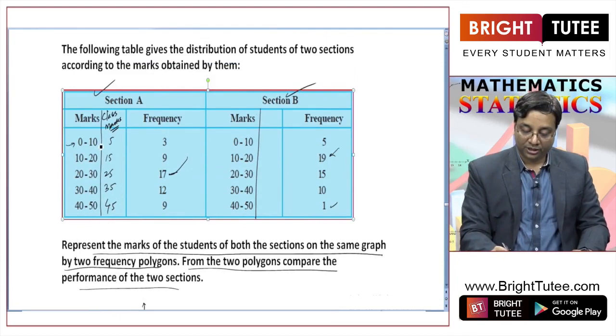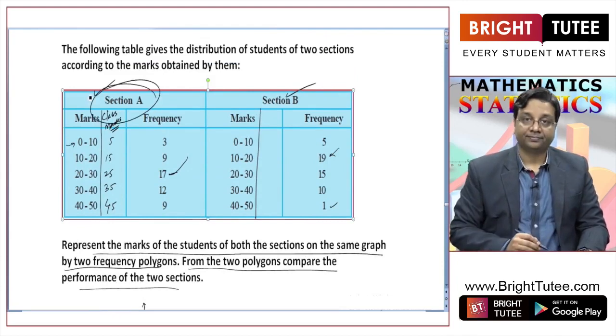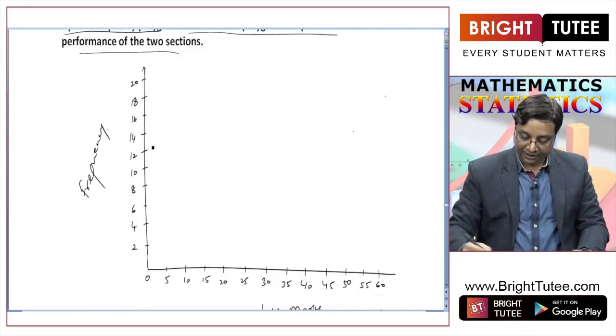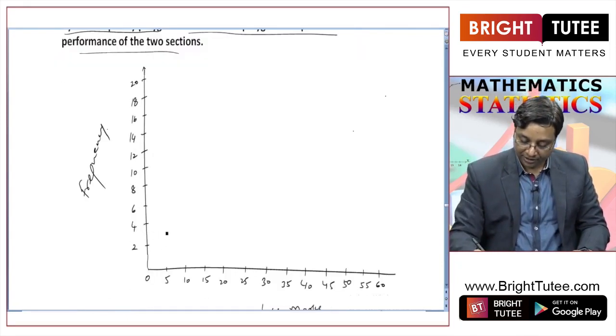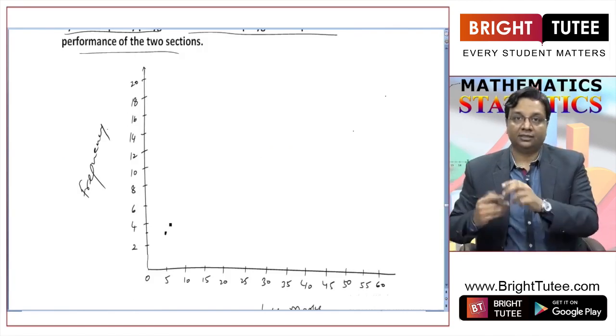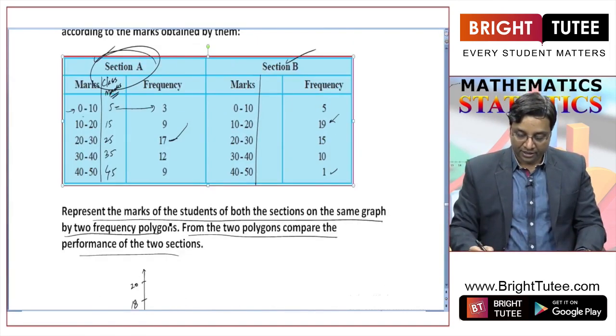Okay, so corresponding to section A, class mark 5 will have frequency 3. So it will be this point here. This is 3, so this point will represent 5, 3. So 5 on horizontal axis and 3 on vertical axis.